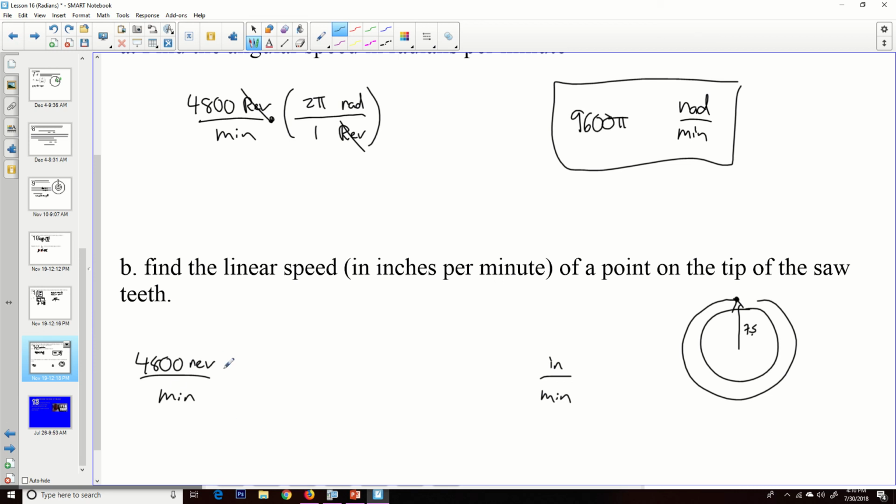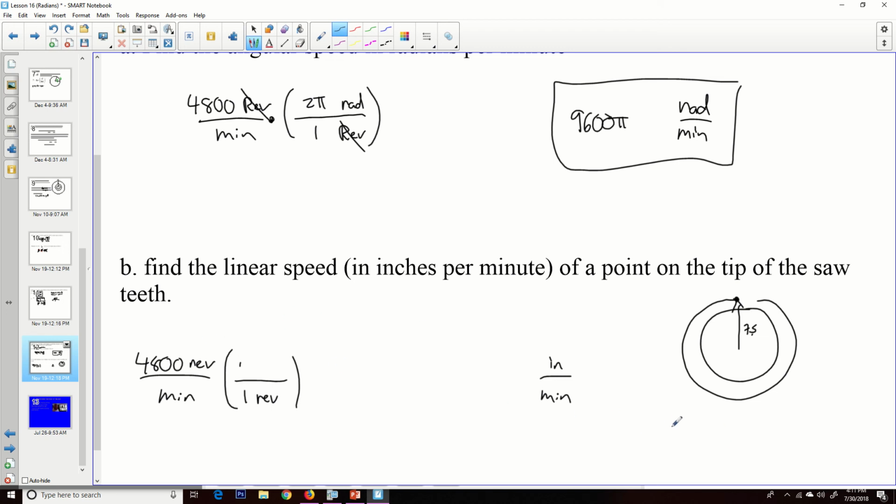For every one revolution, it's going to go one circumference. So one revolution equals a circumference. We're going to multiply by our circumference, and we can calculate that.